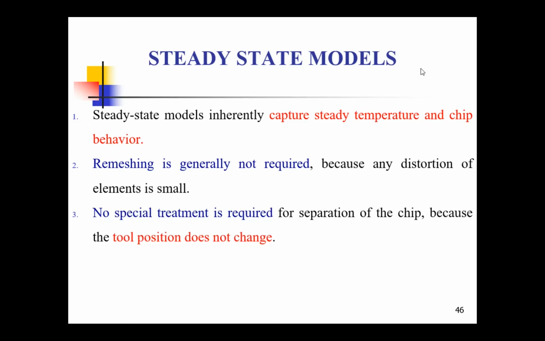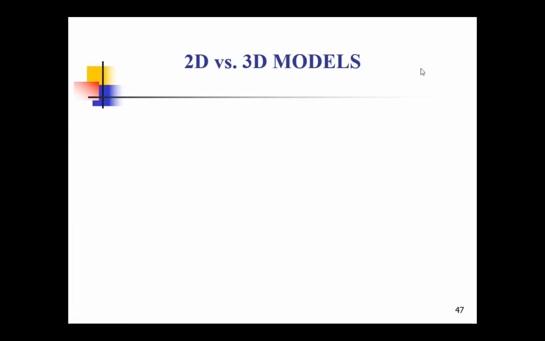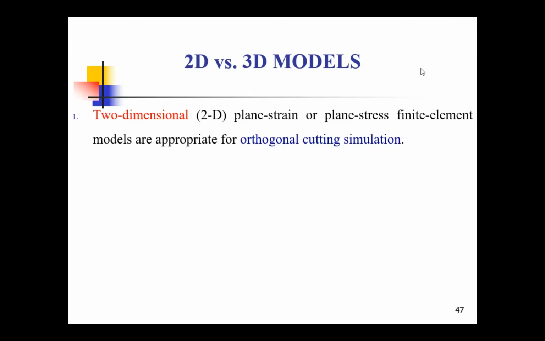That is eliminating a part of the chip from the produced chip. Then we come on to the 2D versus 3D models. For orthogonal cutting simulations, two-dimensional models are more appropriate because they take only little computational time.